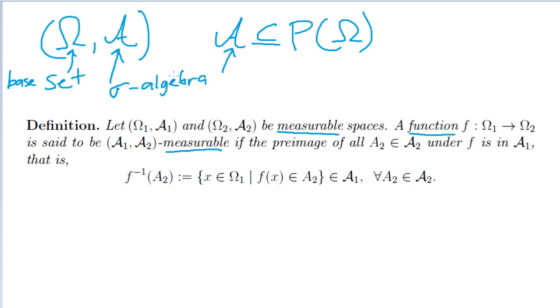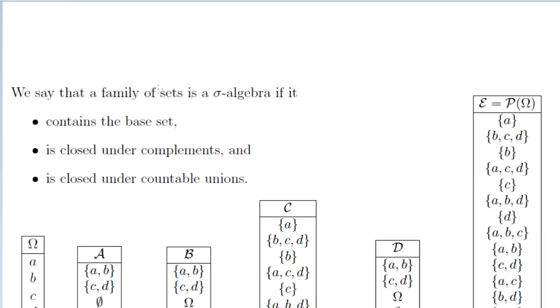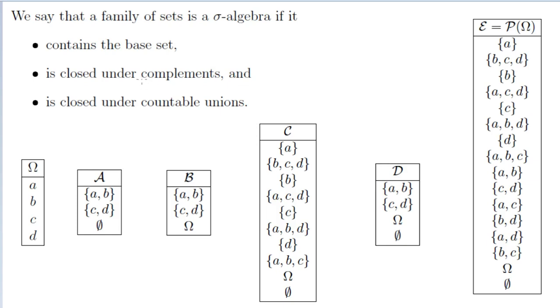So let's take a specific example of an omega and an A, and let's see, well, actually let's take a specific example of an omega and see if we can come up with an A that fulfills the characteristic of a sigma algebra. So we say that a family of sets is a sigma algebra if it has these three characteristics. It contains the base set, so in our case that's going to be omega.